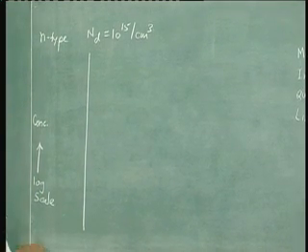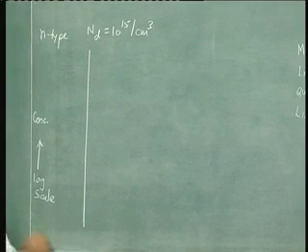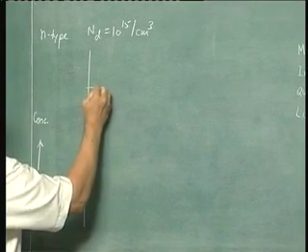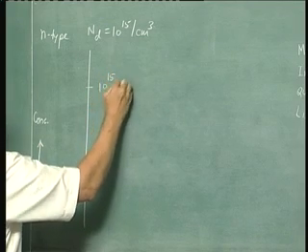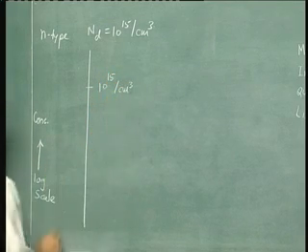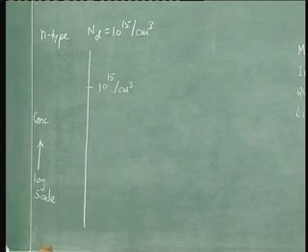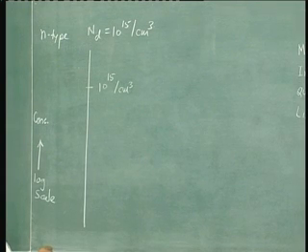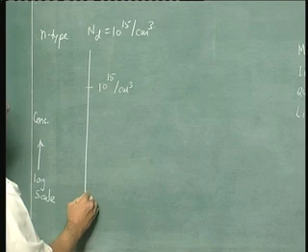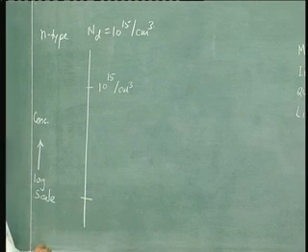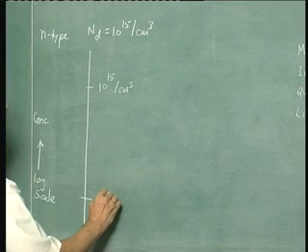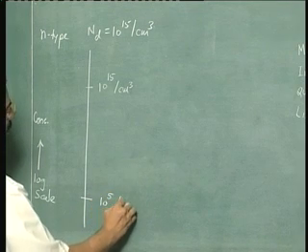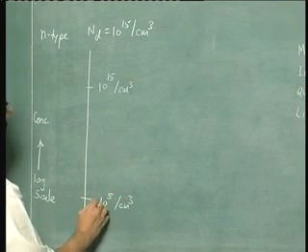Under equilibrium, your majority carrier concentration is 10 power 15 per centimeter cube, and your minority carrier concentration would be ni square by 10 power 15, so that is somewhere here. So this is about 10 power 5 per centimeter cube.